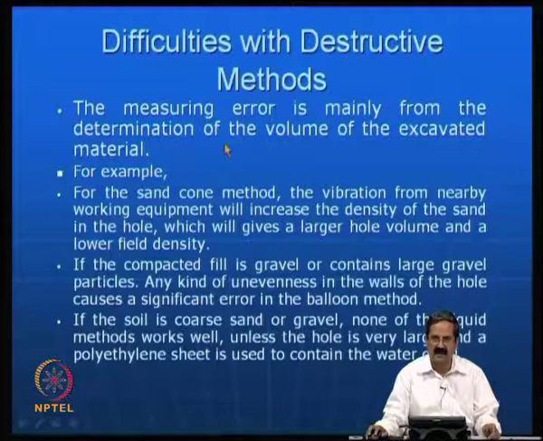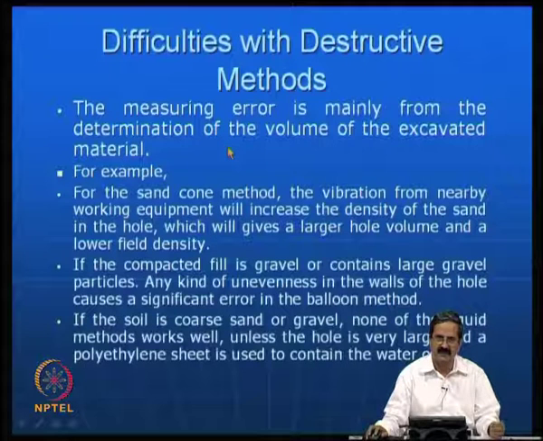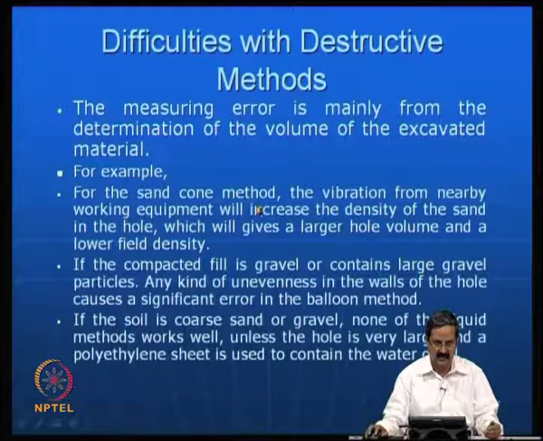If there is some 3 or 4 cc volume change, or you do not take the soil properly, there could be some error. For example, in the sand cone method, the vibration from nearby working equipment will increase the density of the sand in the hole, which will give a larger volume and a lower field density.